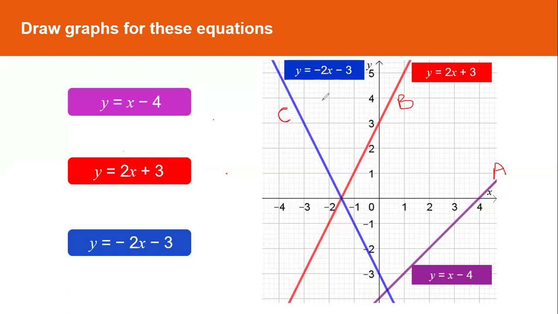Just to help those who were not around last time, when we are obtaining the gradient of any line, come on your graph. Take an example, this is my graph. I'm going to draw a right-angled triangle. You can decide to start from any point. I can start from here up to here. So I draw my right-angled triangle like this along my line.